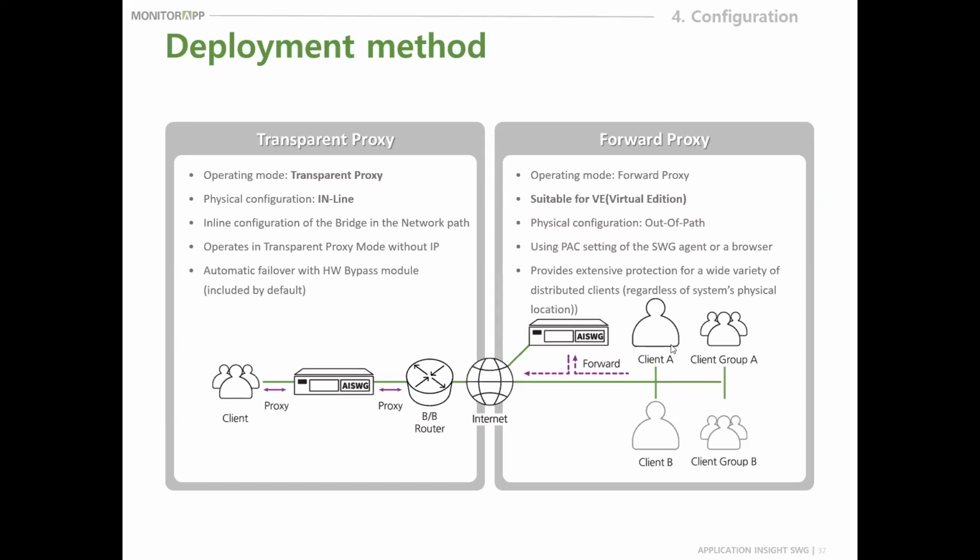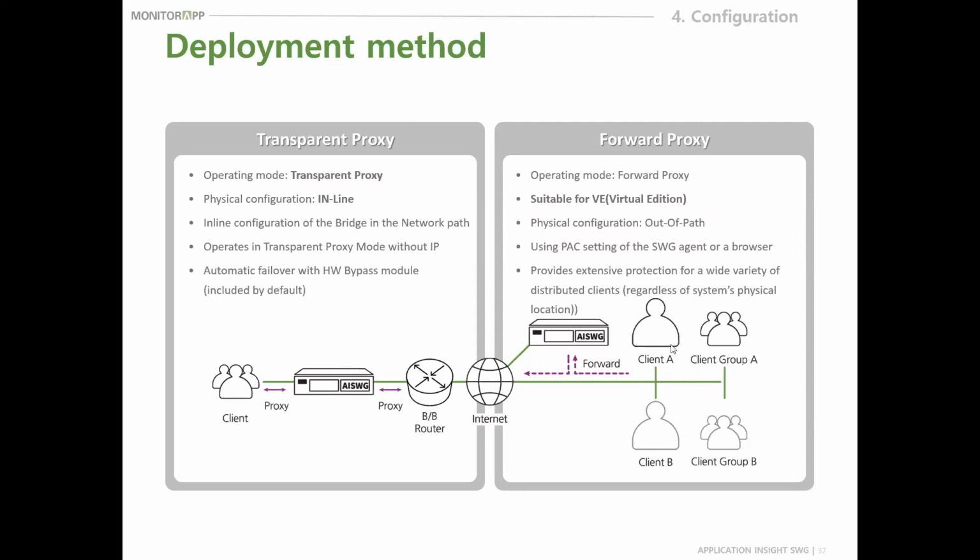The second case is a port proxy. This is widely used in environments like multiple small offices or for users working remotely. Since the virtual edition supports this mode, it's easy to deploy in the public cloud like AWS, GCP, and Azure.